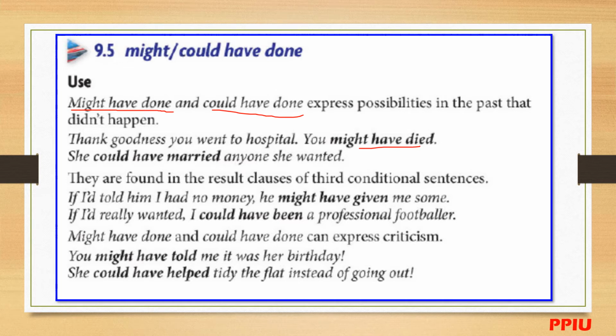She might have died, but actually this person is still alive. She could have married anyone she wanted. What is the result? Whether she followed her mind to get married with the guy that she wanted to get married? No. The answer is no.